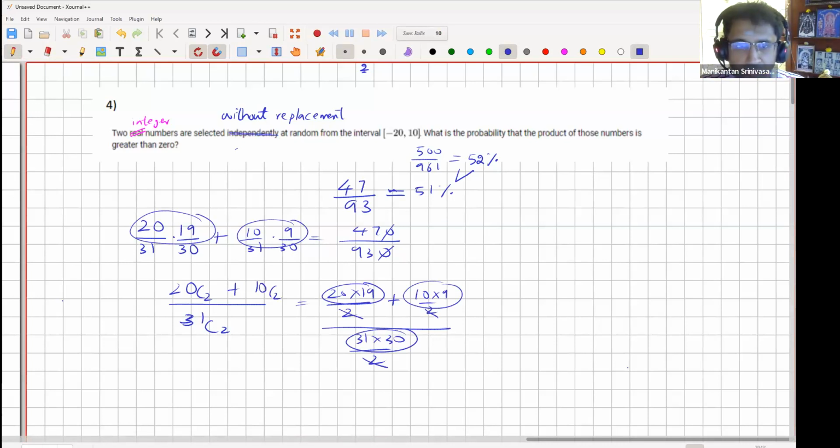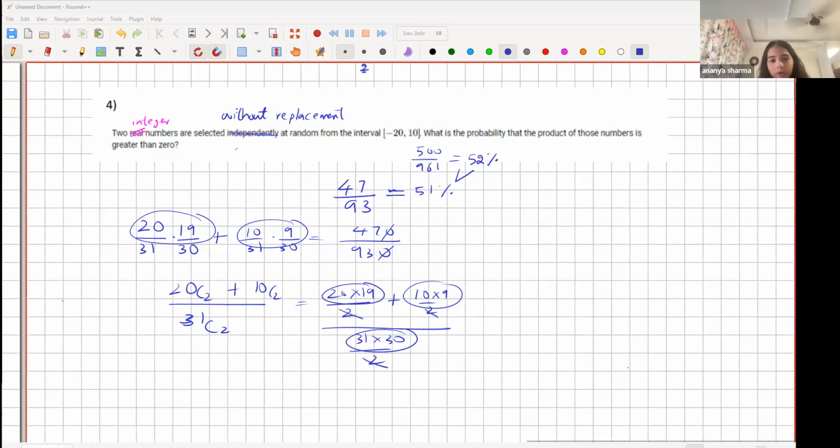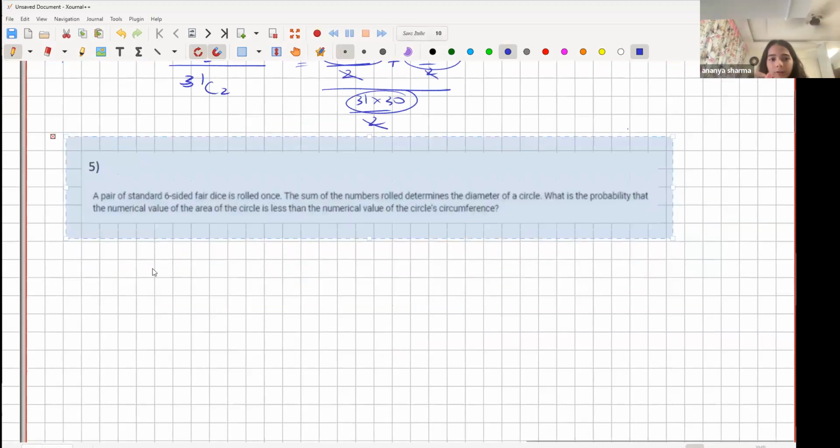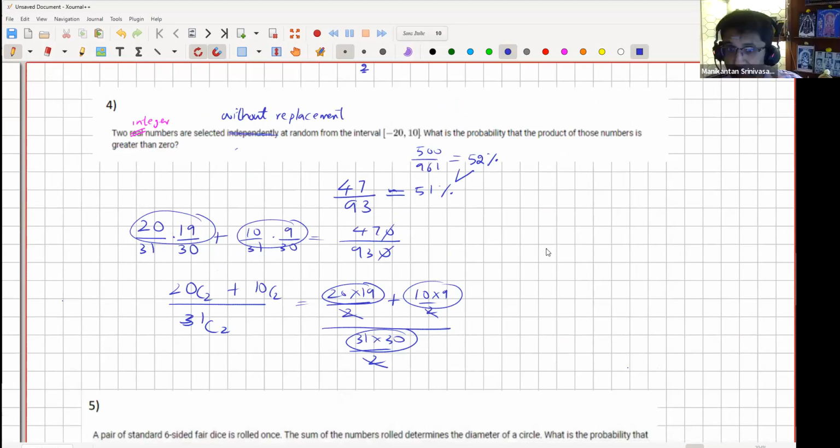That was question 4. Question 5. Question 4. Yeah. Earlier you said for the real number, it was just a coincidence that I got the same. So how would you solve it? We did it for the real number, right? In fact, you should tell me how you got 5 by 9.